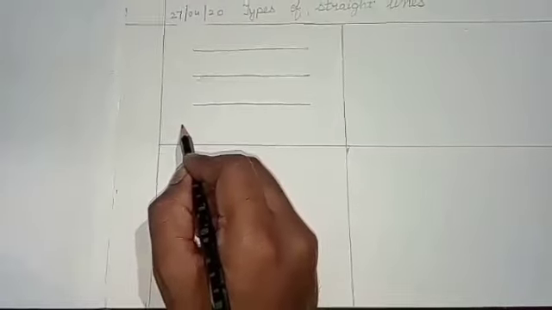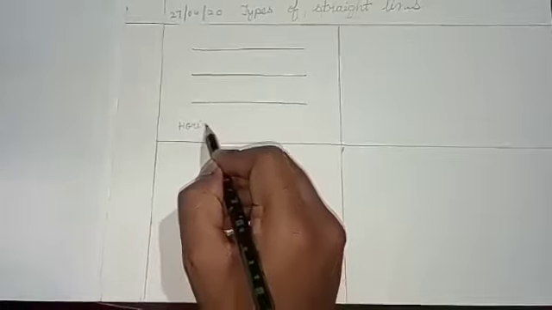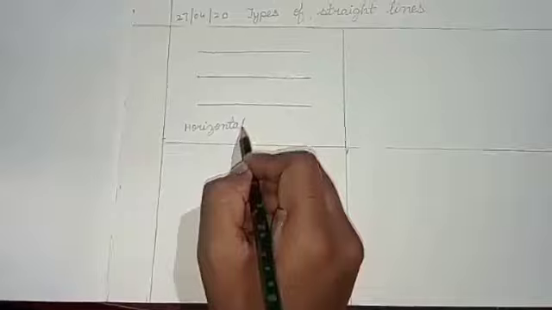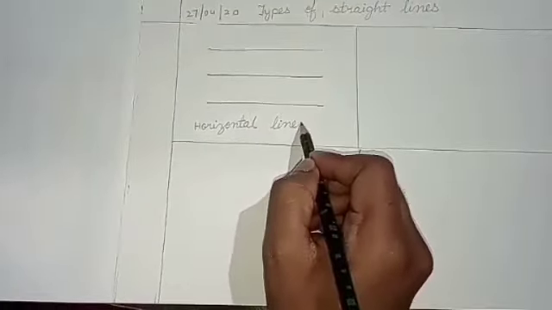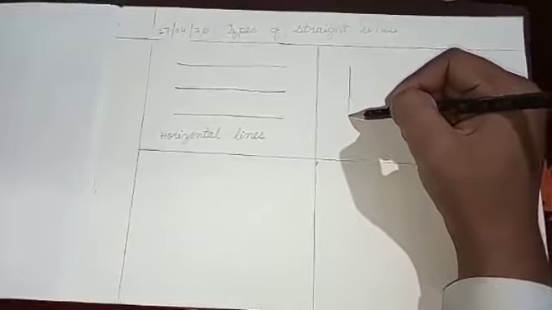We'll mention here horizontal lines. We'll move to second, that is vertical lines. So this is a vertical line.